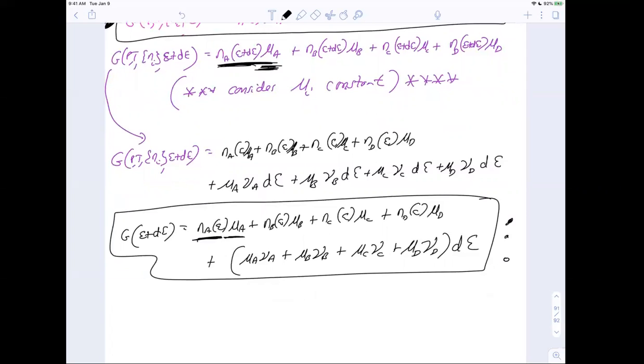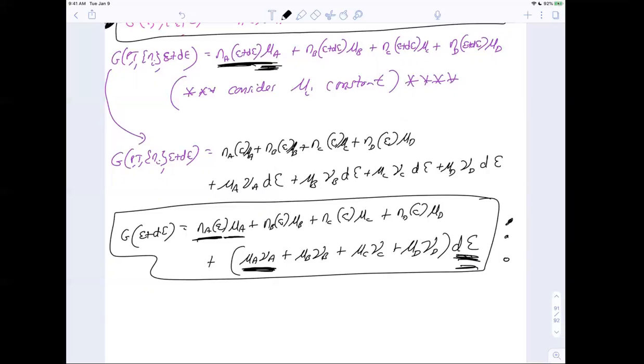And then we have a bunch of terms that are products of the chemical potential times the stoichiometric coefficient of each species times d epsilon. And that's given here. So for A, it is the stoichiometric coefficient of A times mu sub A. And then d epsilon, since it's in every term, we can factor it out.